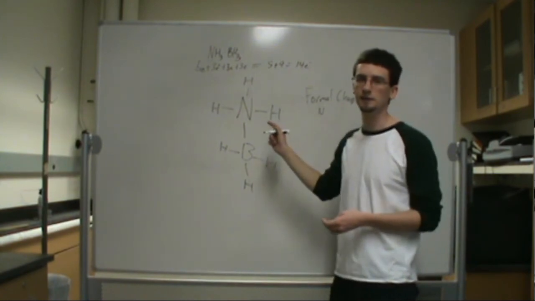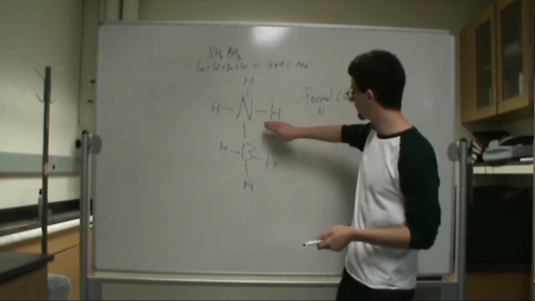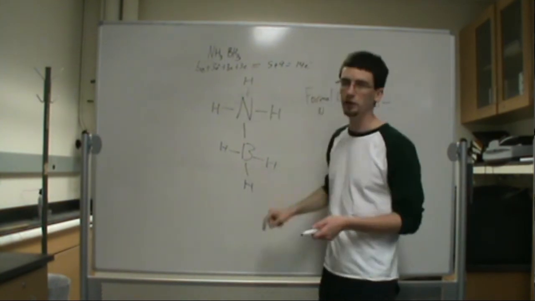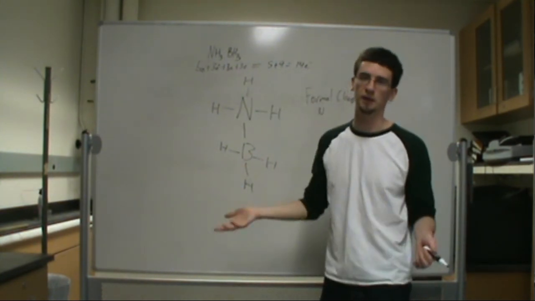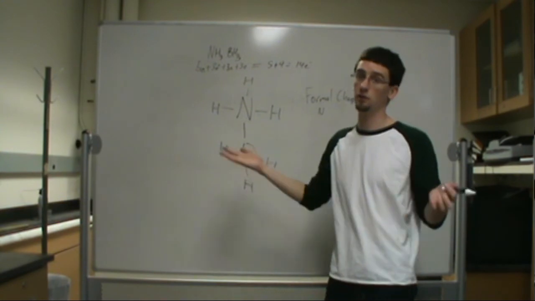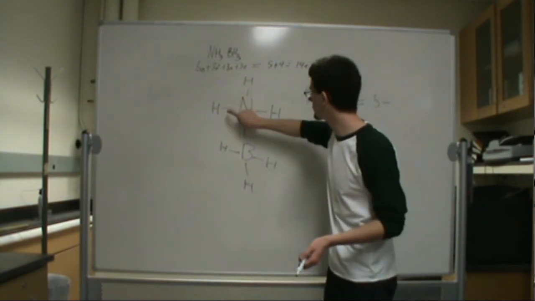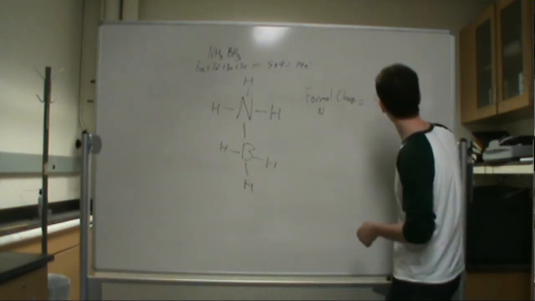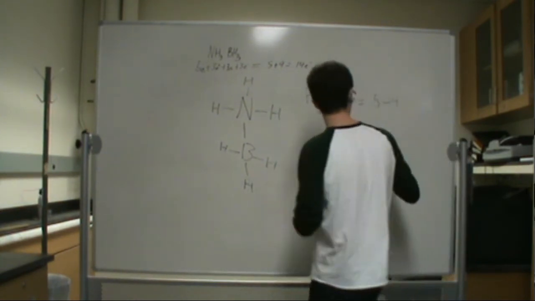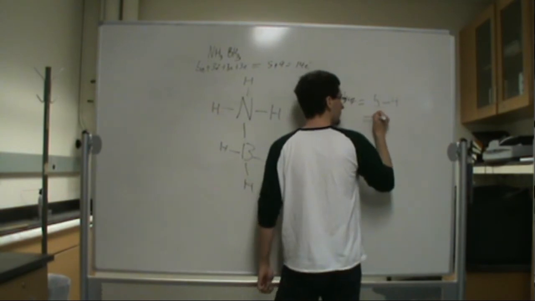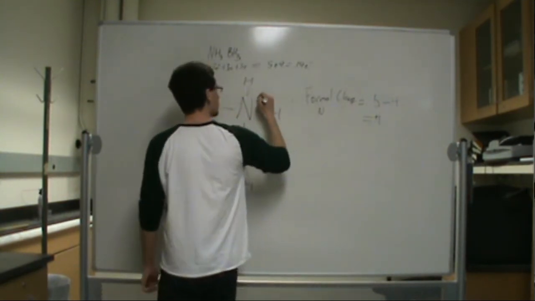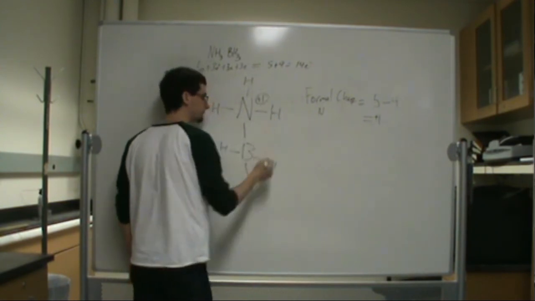Minus, how many electrons does it have here? Well, we said previously that for each bond we have, you really only count it as 1 electron because the electrons are being shared in a covalent bond. So we have 1, 2, 3, 4. So nitrogen only has 4 in this case. So 5 minus 4, we should end up with a positive 1. So that means the nitrogen has a positive 1 charge.